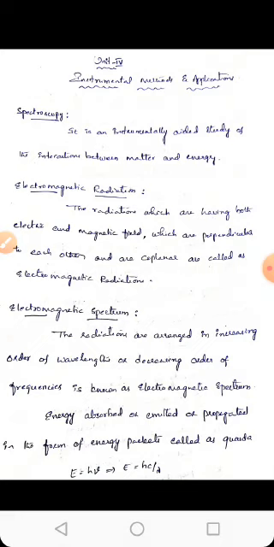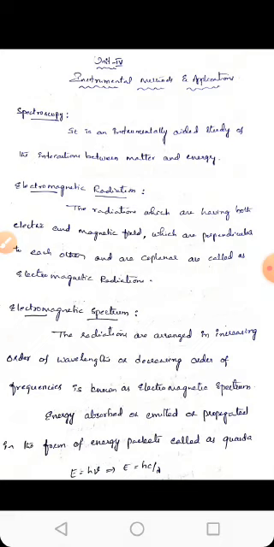The emission and absorption of radiation is quantized, and each quantum of radiation is called a photon. All types of electromagnetic radiations travel with the same velocity. No medium is required for their propagation. When visible light is passed through a prism, it splits up into 7 different colors. This phenomenon is called dispersion.